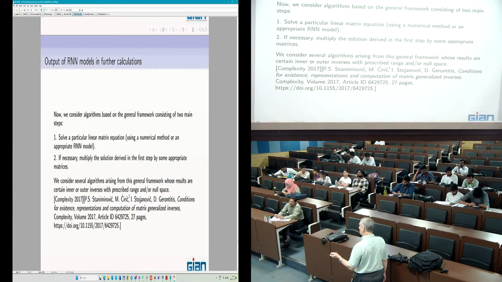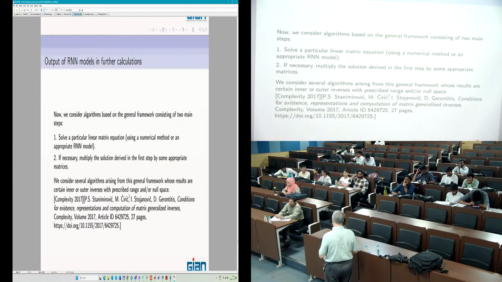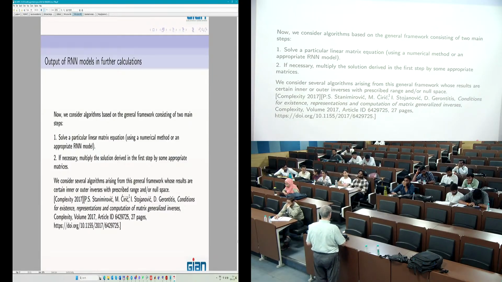Solve a particular linear matrix equation using an appropriate gradient neural network model. The second part will be aimed at solving linear matrix equations symbolically in the package Mathematica. And from my side, the first result has been published in the journal Complexity, 2017.